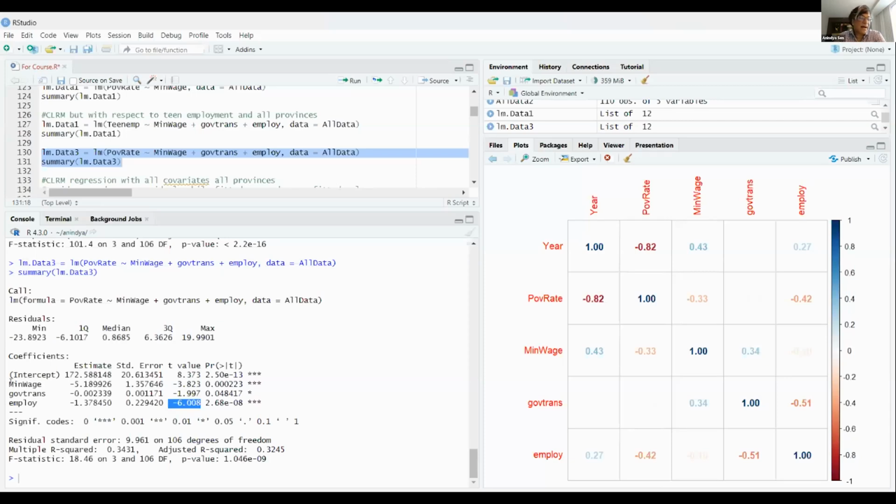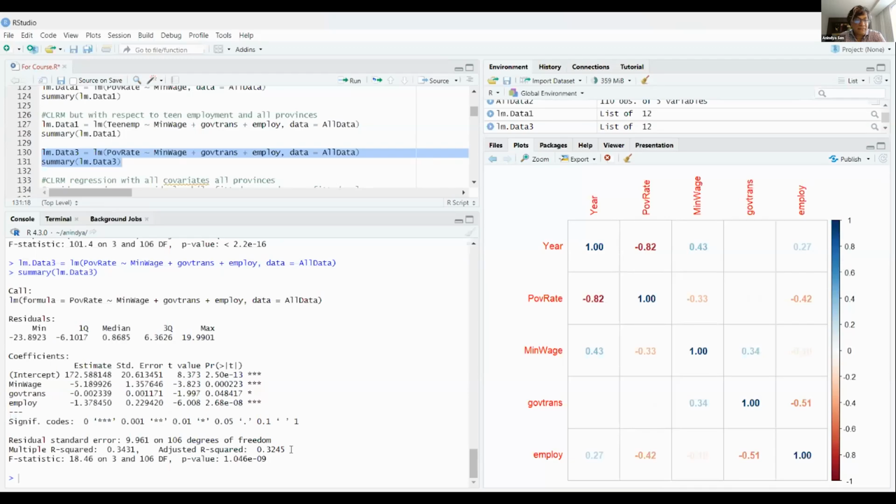And what we find is that the minimum wage variable still stays robust. It's a negative relationship, statistically significant. Government transfers matter, employment rates matter. Their signs correspond to what we'd expect theoretically, and they're statistically significant.